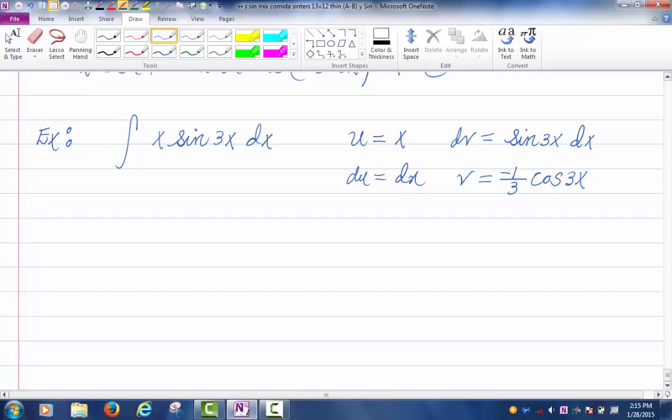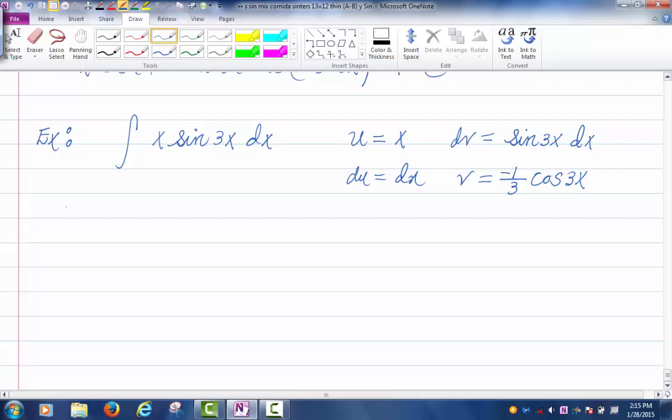And then you just apply integration by parts. The new integral will be basically the integral of cosine 3x. What's the integral of cosine 3x? 1/3 sine 3x, right? So let's do it.